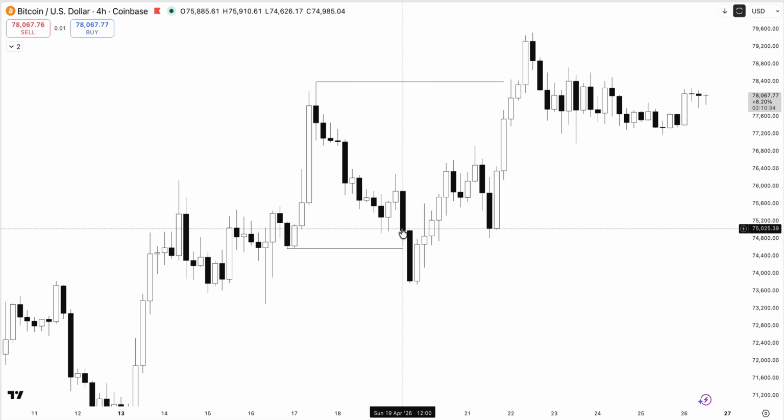Now there have been some videos where you'd hear Romeo state that he wants to see a thick bulky candle stab into an old low or above an old high, and that bulky candle would be your model one, your order block that would be formed for a change in state of delivery.